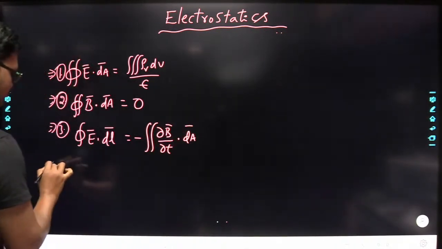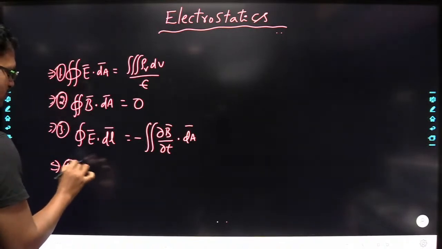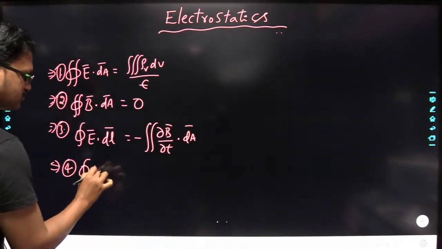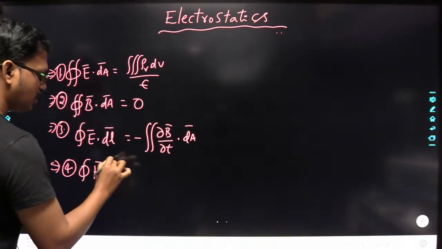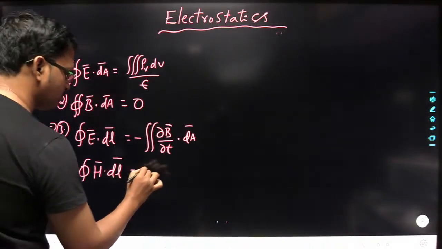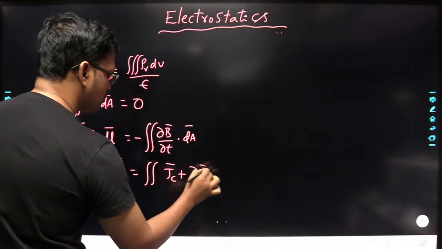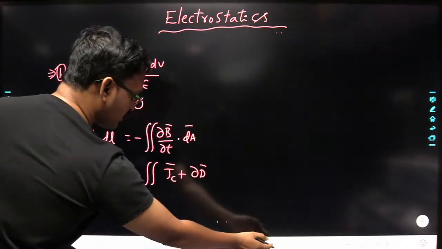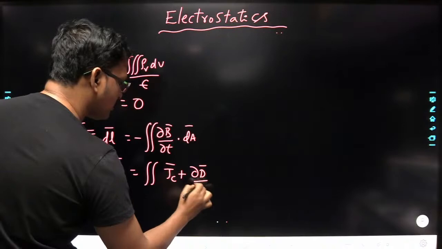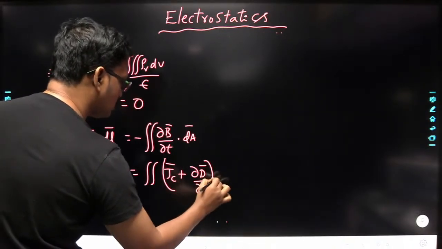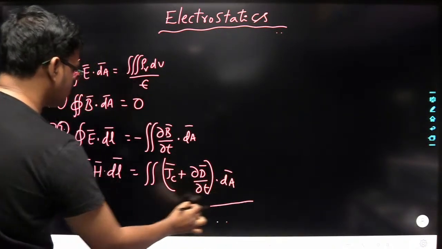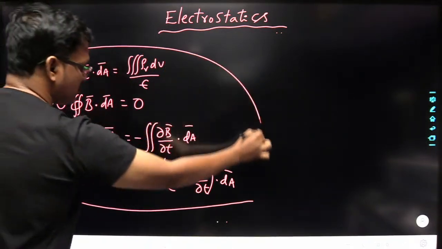And the fourth one, you can write the circulation of the H field around any closed loop is equal to the double integral of (Jc plus ∂D/∂t), or you can simply write ∂D/∂t dot dA. Now these are nothing but the 4 Maxwell's equations.